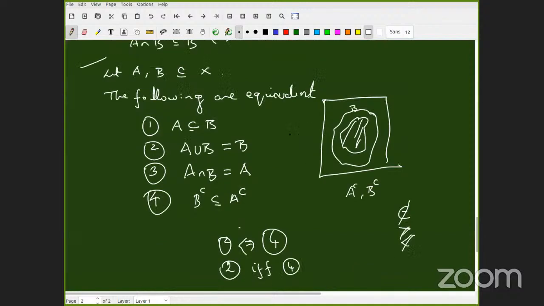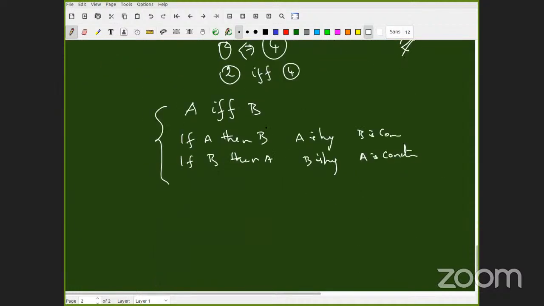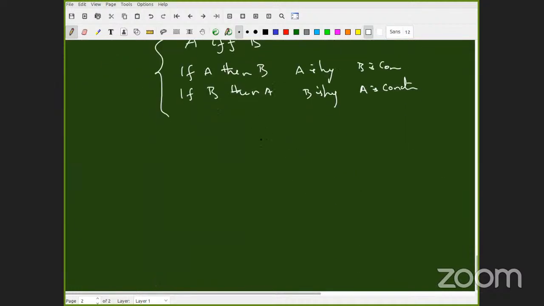So, when I say the following are equivalent, that means pick any two, they will be equivalent. If you pick 2 and 4, they will be equivalent. If you pick 1 and 3, they will be equivalent. So you can see how many different proofs I have to give. But usually what people do is they don't pick all the statements, they form a cycle. 1, 2, 3, 4.